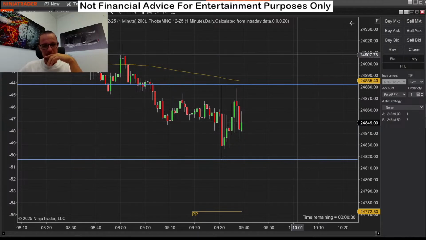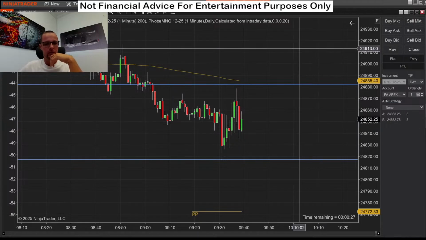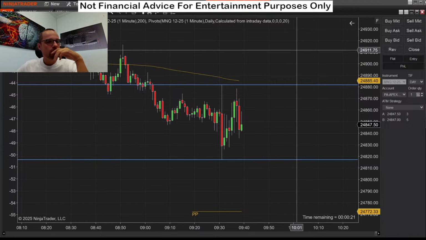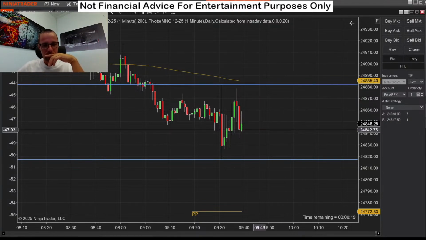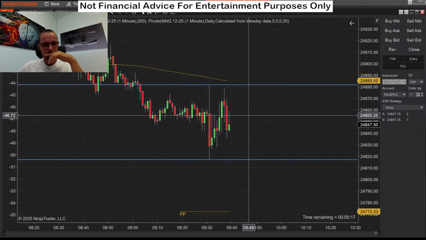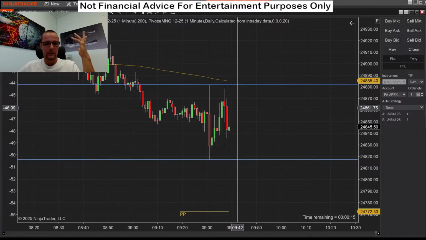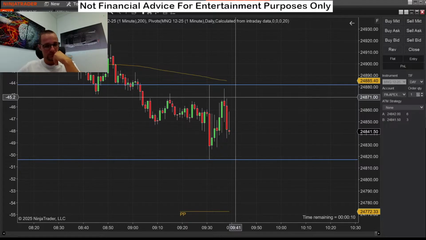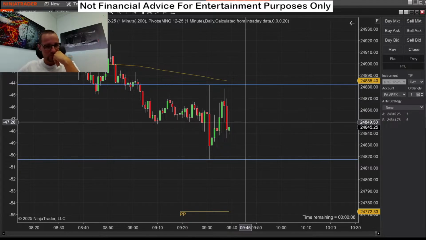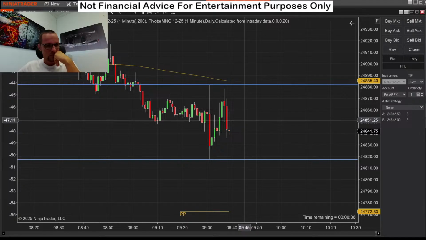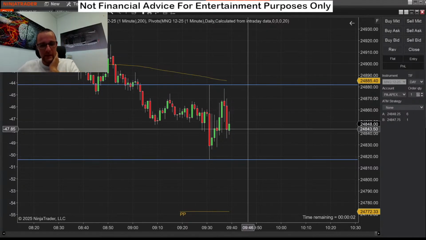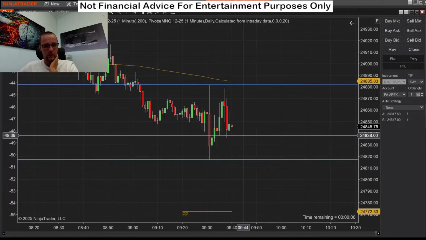Well, $9.18 is not that far away, so it's not that big of a move. Very possible we could even get there in the next 5 minutes. We'll see where price breaks out of, if it breaks out of the low or the high.